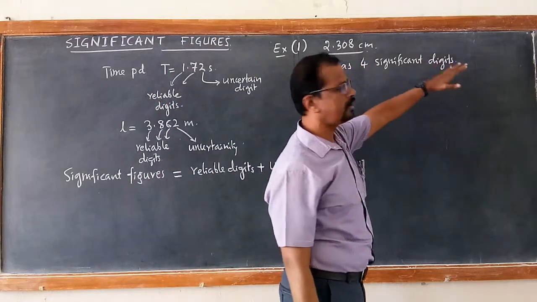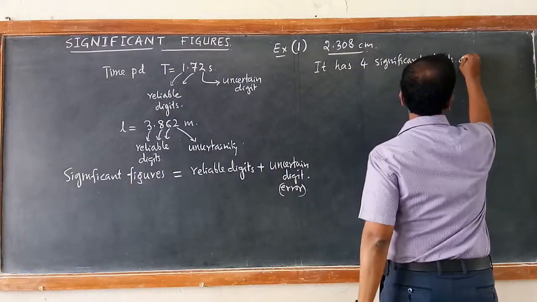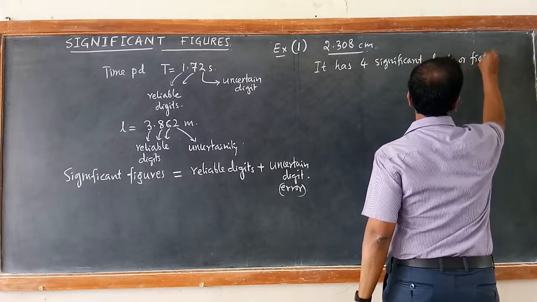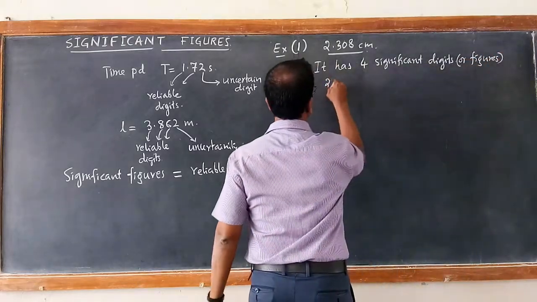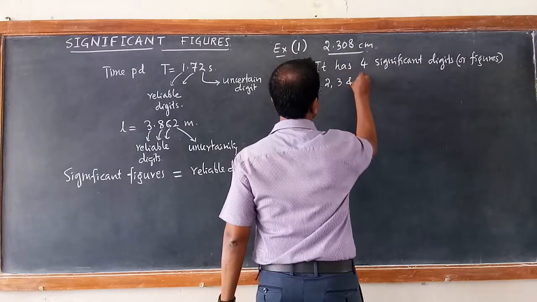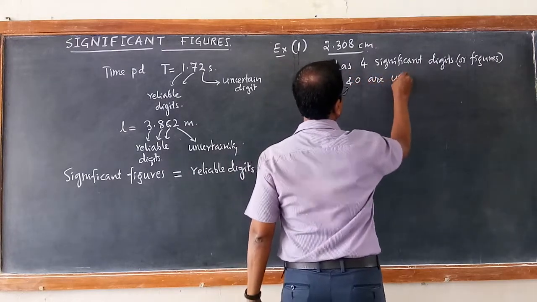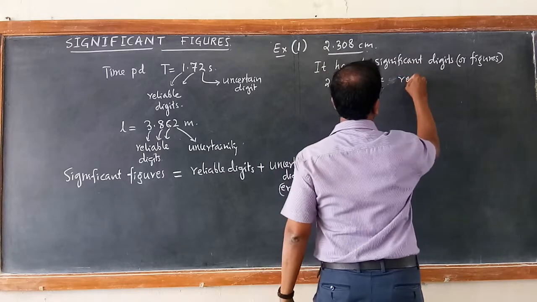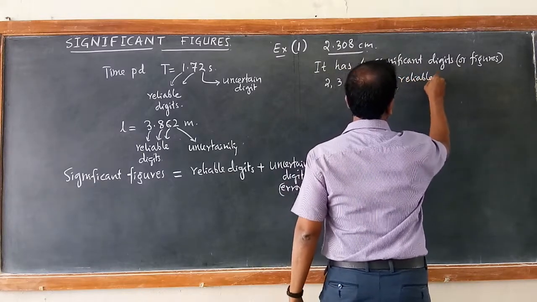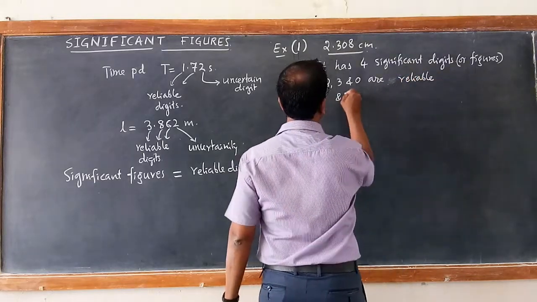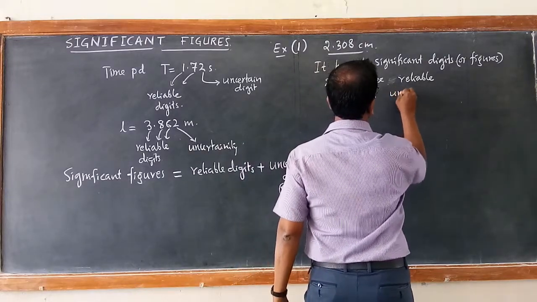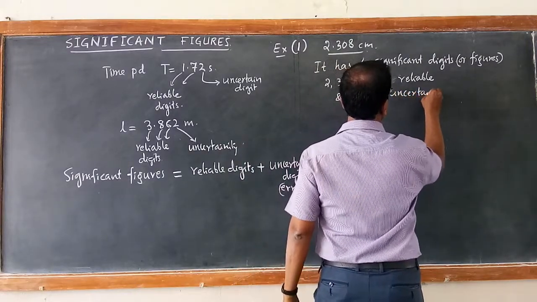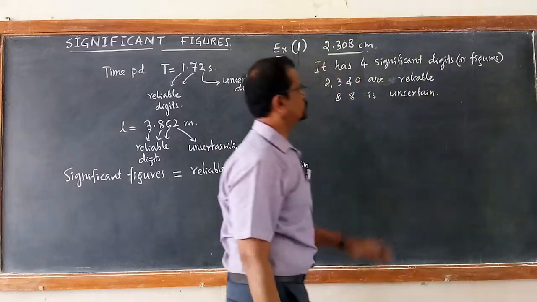Significant digits, or significant figures. Out of which 2, 3 and 0 are reliable and 8 is uncertain, that is, having error.